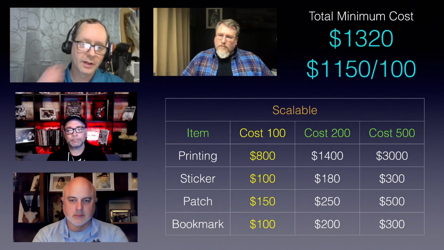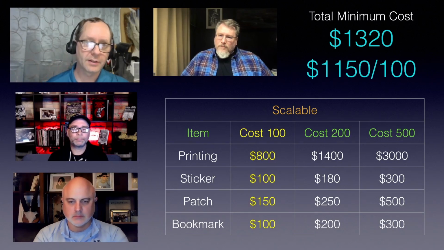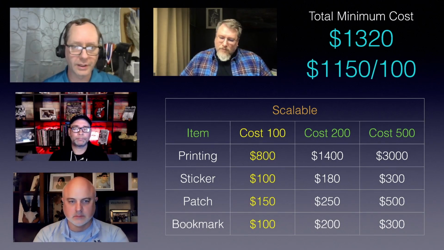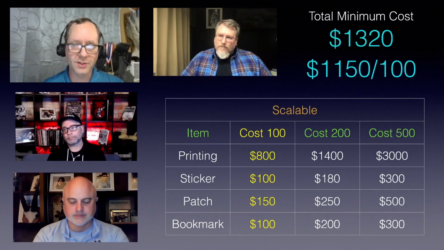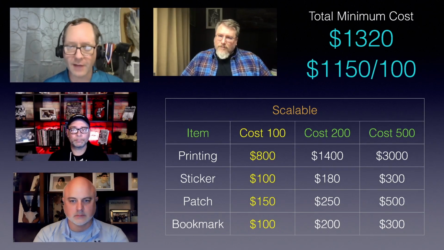the PDF does not have an ongoing scalable cost. Once you've sunk the time and effort and cost into getting that out there, everything after that is profit.